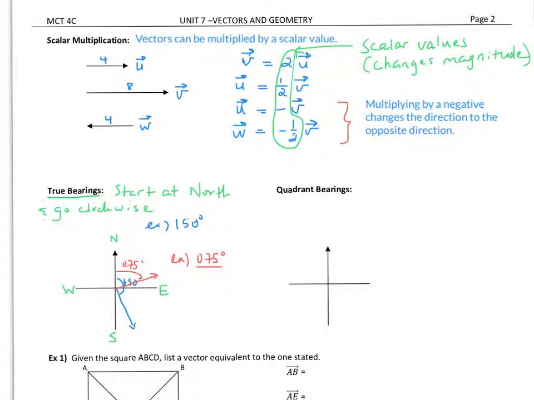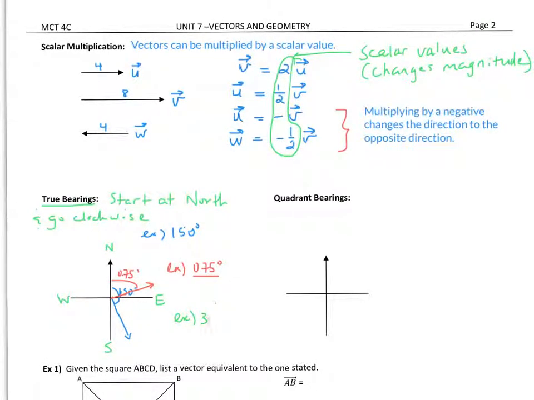And so on. Maybe I'll do one more, let's say 300 degrees as a true bearing. That means I'm 270 plus 30 more. I would be heading like something like that. It would be better if I actually used a ruler, but this is 300 degrees here.